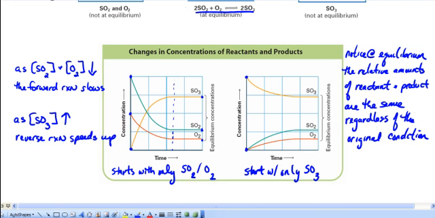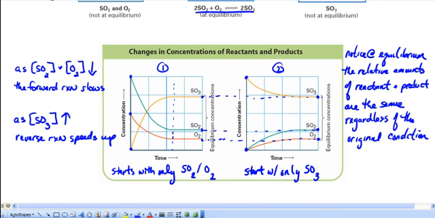So if I start, over here at number 1, with all reactant but no product, I end with a certain amount of SO3, SO2, and O2. Notice in number 2 here, if I start with all product but no reactant, I'm going to end with the exact same amount of SO3, SO2, and O2 regardless of how I started the reaction. Notice these are all at the same relative values.